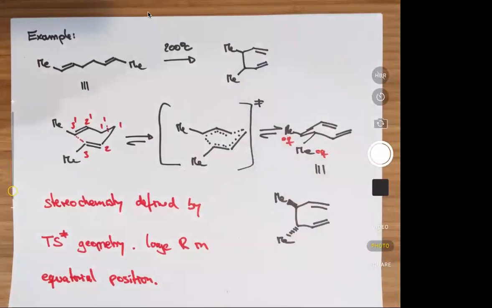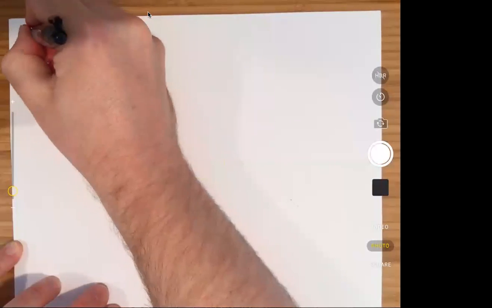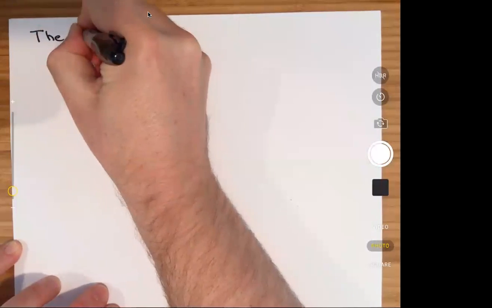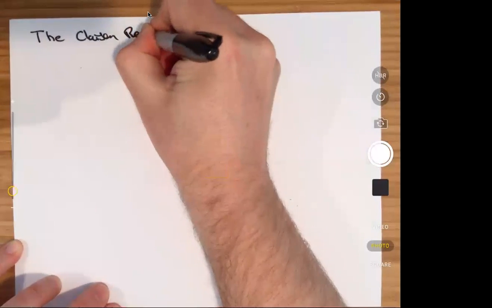And one that is quite common is the Claisen rearrangement, which basically swaps out one of the carbon atoms along the backbone for an oxygen atom. So that's the second most common rearrangement among the sigmatropic 3,3 rearrangements. So the Claisen rearrangement.